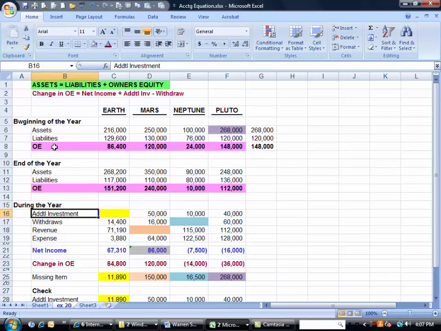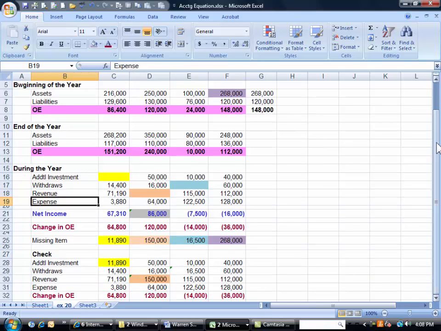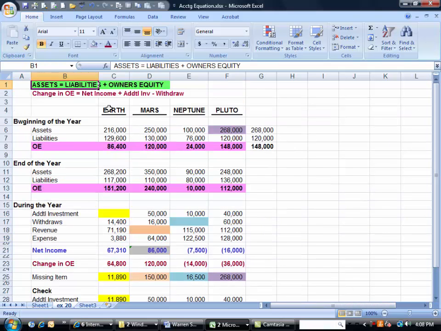Know that beginning and ending owner's equity will change by the net of these. And think of it as a math equation. I would make flashcards of this. I would make a flashcard for the accounting equation for what makes up the change in owner's equity, and do this problem. Just redo it a couple of times.